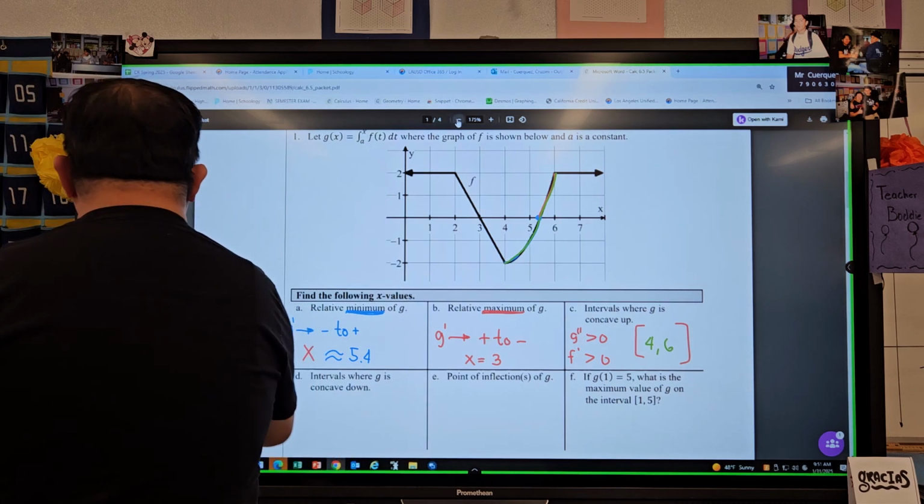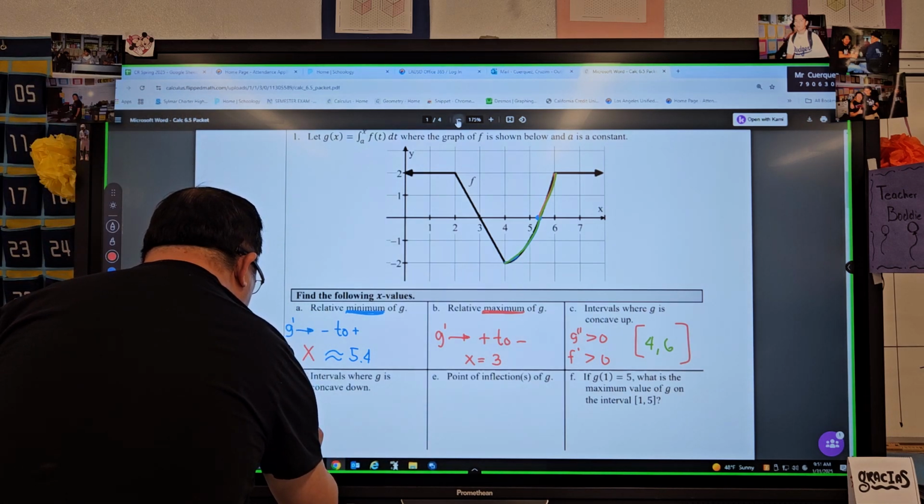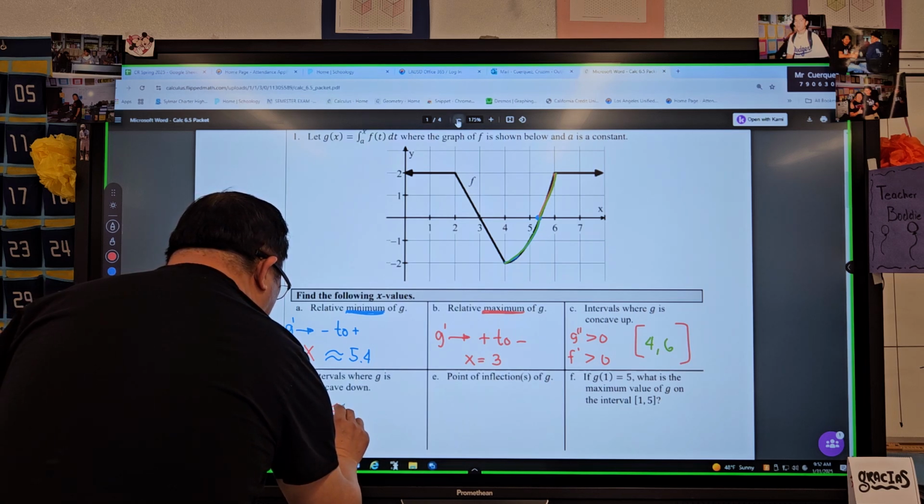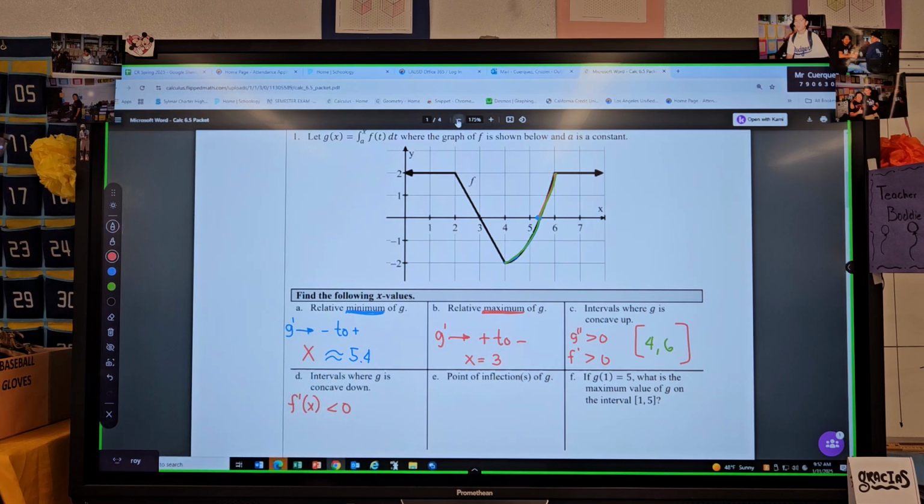So we say F prime of x is less than 0, meaning the slope is negative. So in what particular interval is the slope negative? From 2 to 4.